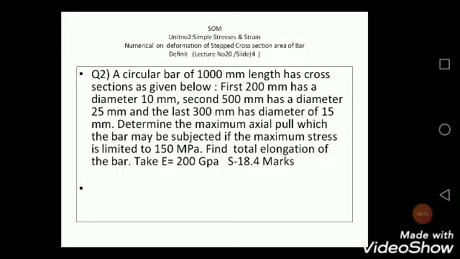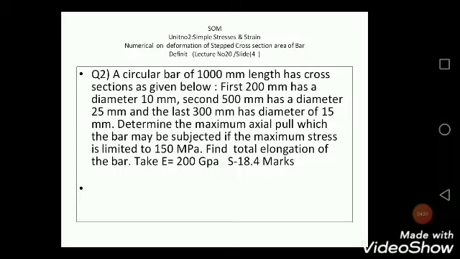A circular bar of 1000 mm length has cross section as given below. First 200 mm has a diameter 10 mm. Second 500 mm has a diameter 25 mm. And the last 300 mm length has diameter of 15 mm.